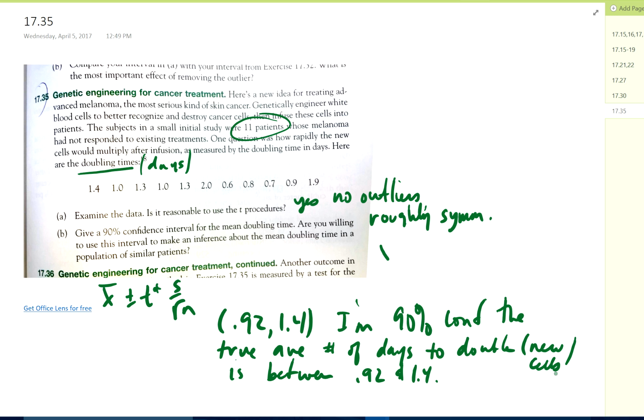Are you willing to use this interval to make inference about the mean doubling time in a population of similar patients? In other words, are you willing to generalize this? What do you think? There are only 11 patients.